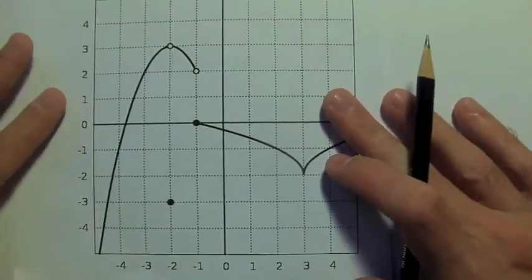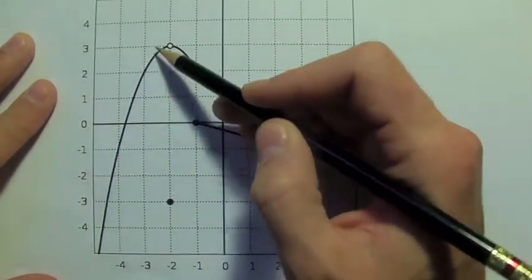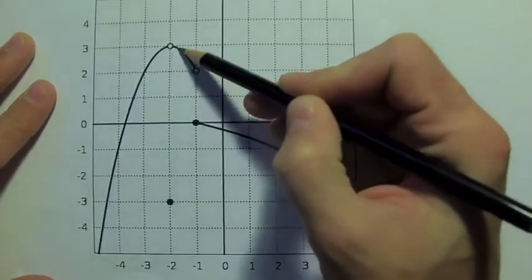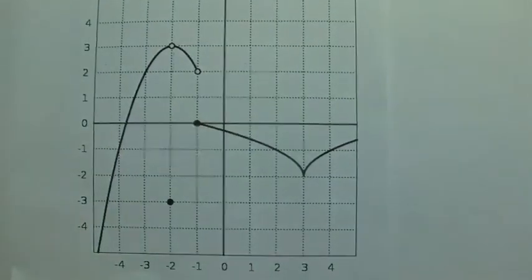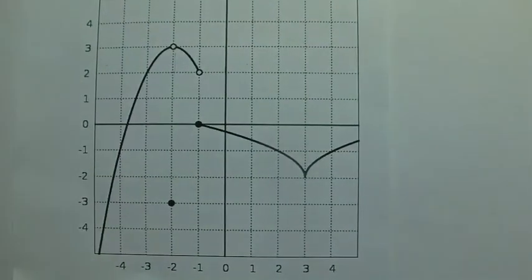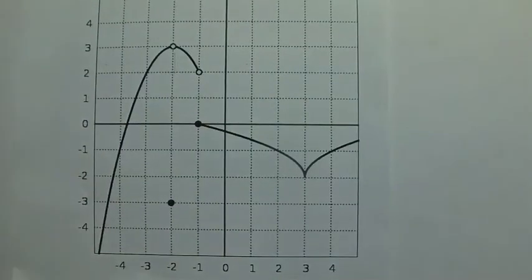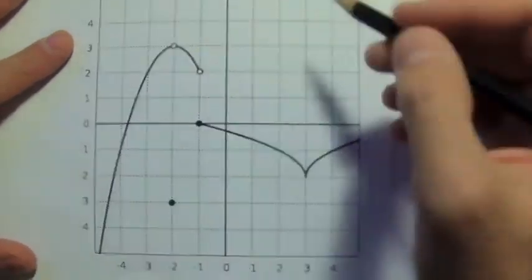And it's clear that here the function is not continuous. There's an open dot, there's a hole, it jumps down to this point, jumps back up, and continues on. Clearly not continuous. I cannot draw this without lifting my pencil. And like I said before, that's not even a very good way to talk about these things. So let's take a look at what's going on.